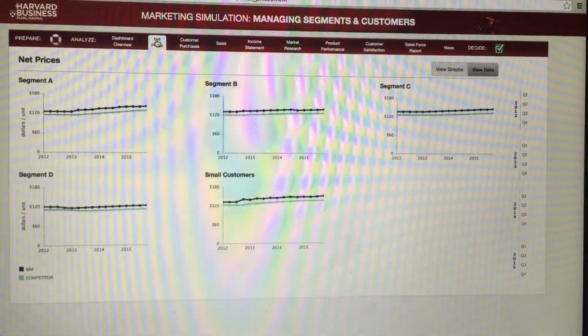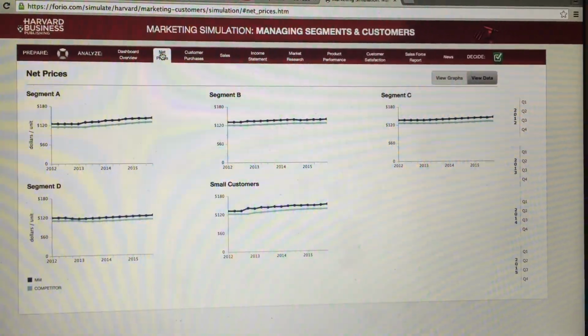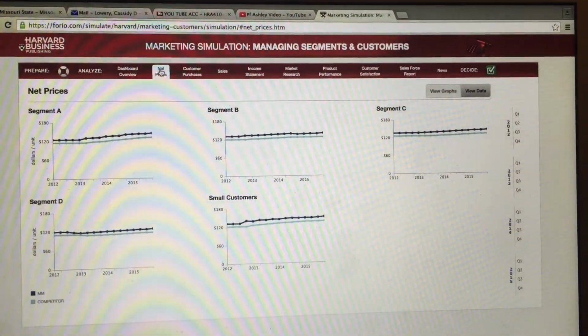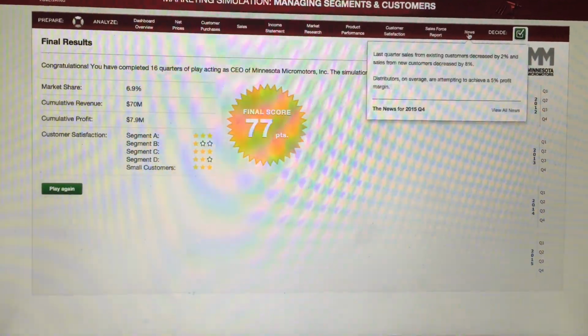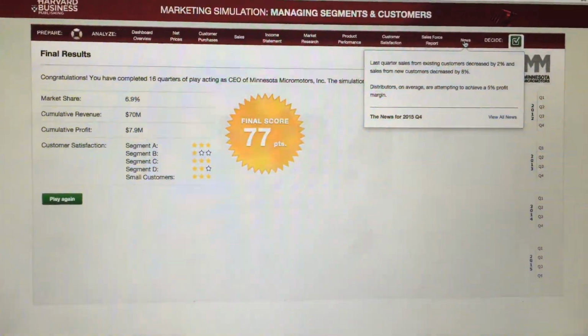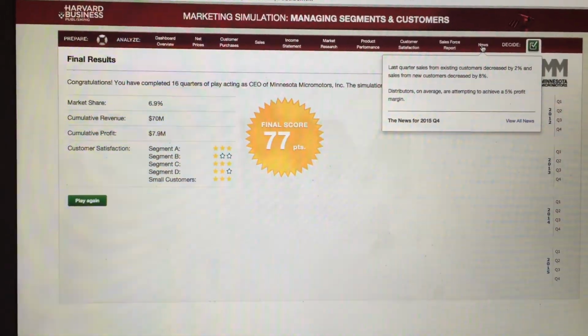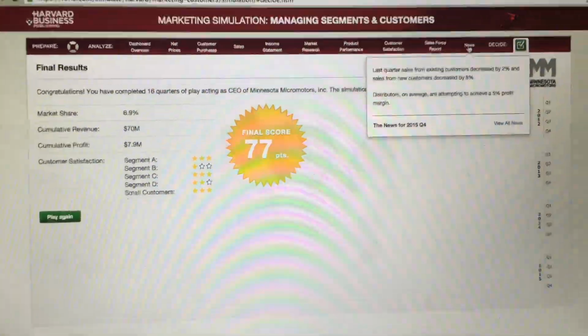Sometimes I'd keep it the same for a couple. I even jumped $2 a couple times, but I would want to keep it pretty consistent. And usually if I raised the price a lot, I would change the distributor's discount rate because I would want them to be able to save money still.